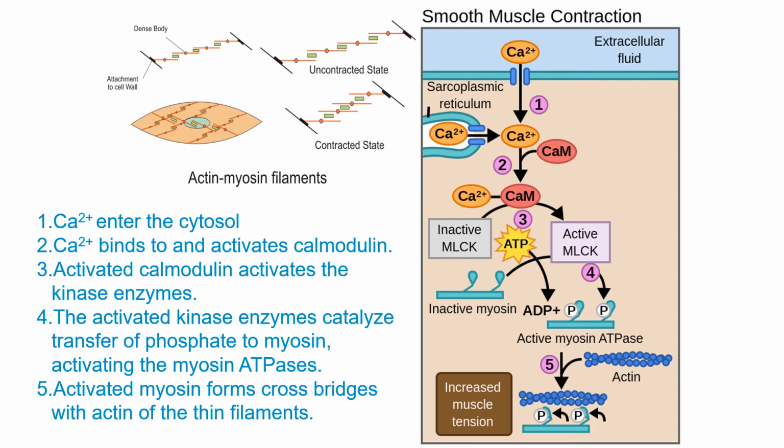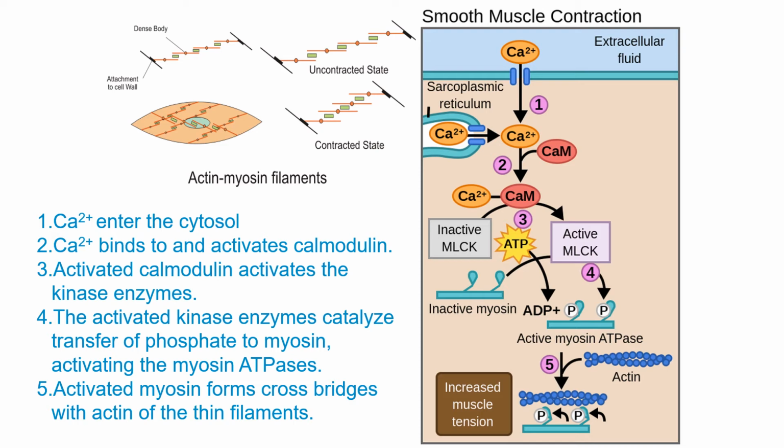So, after there is a signal, the calcium ions either enter from the extracellular fluid via calcium channels or from the limited sarcoplasmic reticulum. The calcium then binds to the calmodulin.